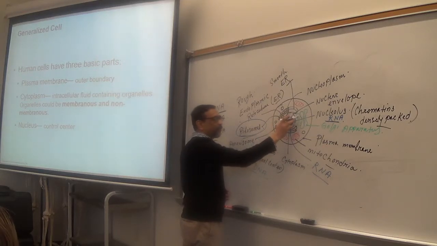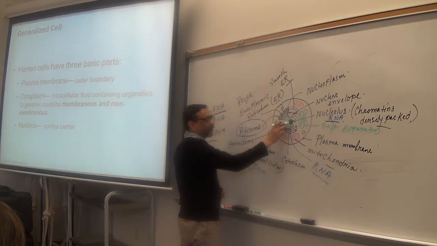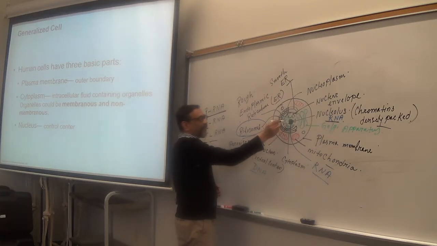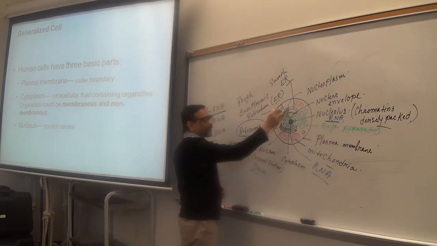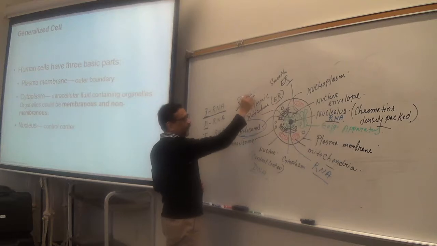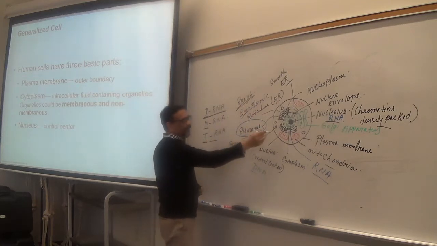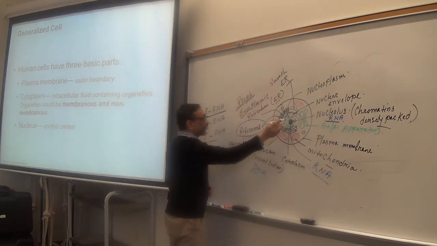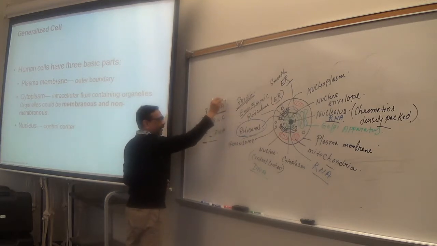There are pores or holes in the nuclear envelope. So they come out and most of them get attached to the surface of the ER, to make the ER rough. So that is the function of ribosomal RNA.